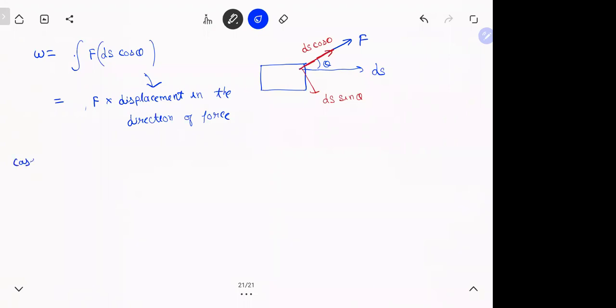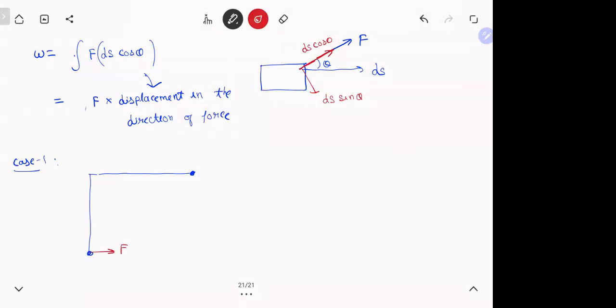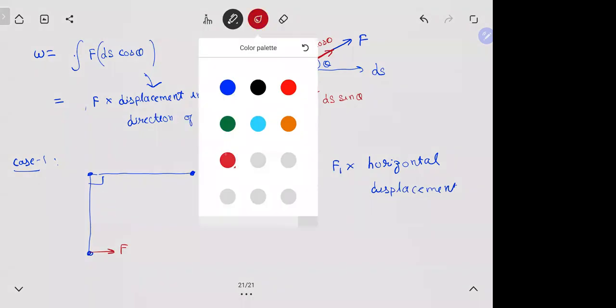Look at case 1. You're here. You finally came here. How is the force? Force is always horizontal. So what should you take? You should take horizontal displacement then. So work done by F1 will be F1 into horizontal displacement, because the force is horizontal, displacement should be horizontal. What is the horizontal displacement here?